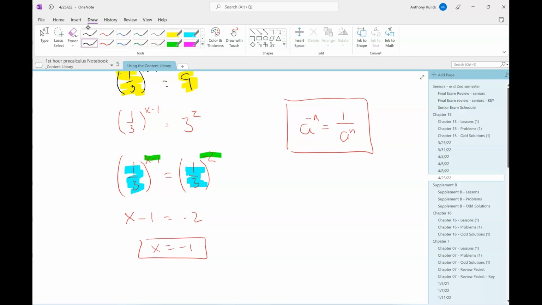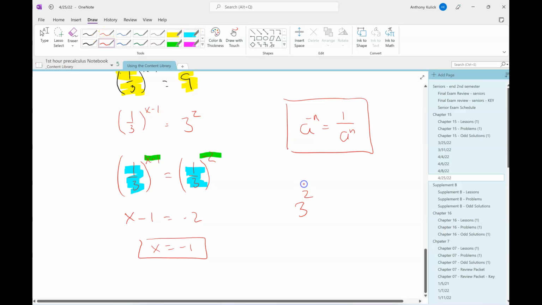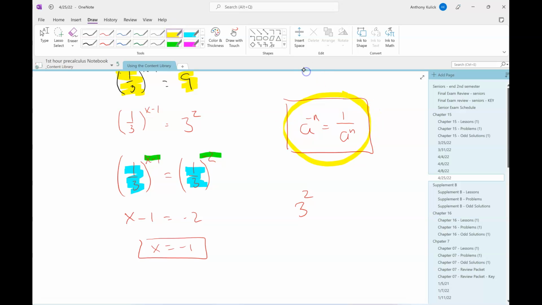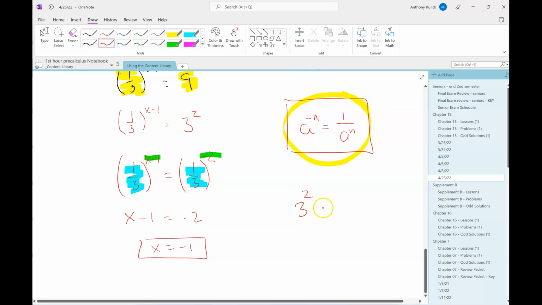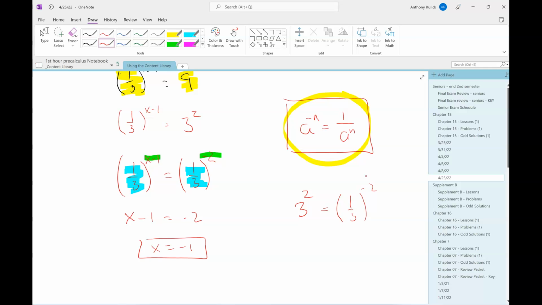Let's try that again. Can you explain how you got 1 over 3 one more time? Yeah, sure. So I have this, right? And I'm going to use this rule up here. If I make both the reciprocal and the exponent negative, because the negative exponent makes a reciprocal, that's the same thing as just 3 squared.